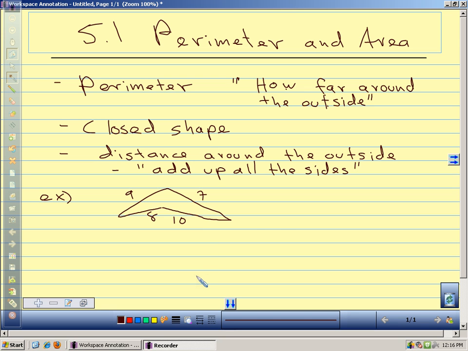All we're doing when we're working with the perimeters, we're just adding up all the side lengths. It's a pretty straightforward idea. So our perimeter is just 9 plus 7 plus 8 plus 10, and if we add all those up together, we get 34 units.